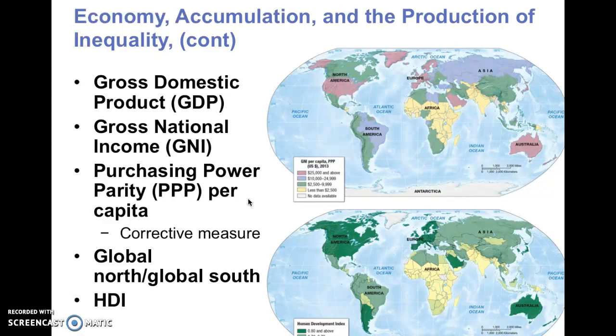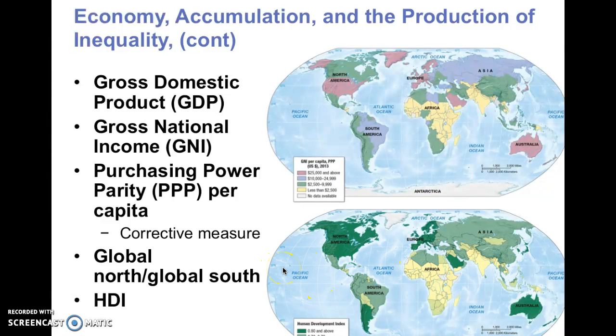Now, global north and global south, what do we mean by that? Well, if you take the world and you divide it right here on the equator, there are a few areas up above that are green, and a few areas down here that are dark green. But for the most part, if you're above the equator, you're fairly well off. If you're below the equator, in the southern hemisphere, you're fairly poor.